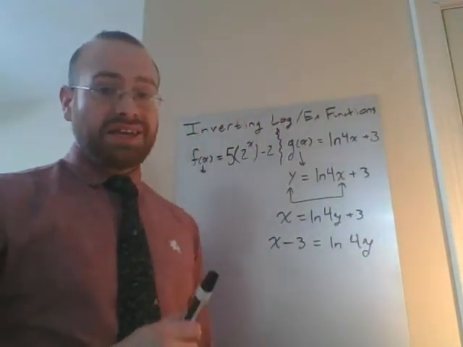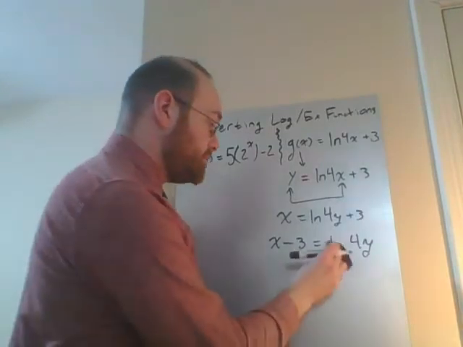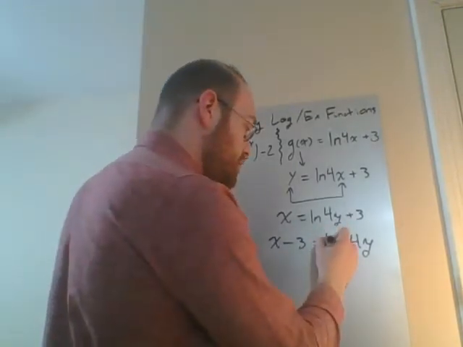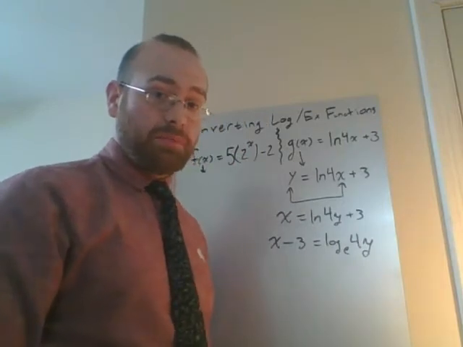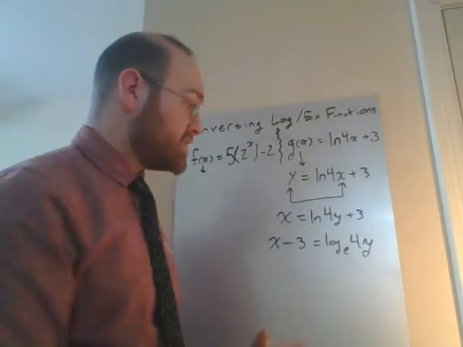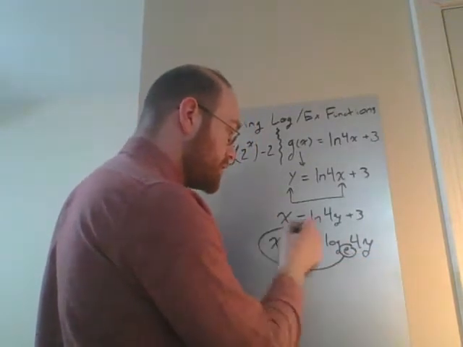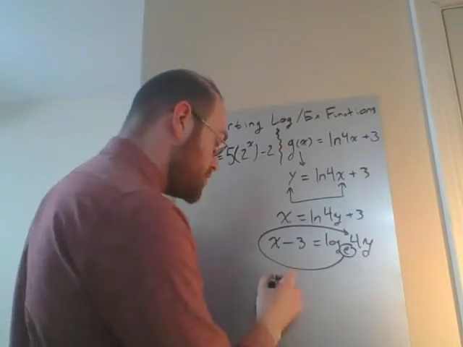Now remember that I said the natural logarithm has base e. So to help me convert this into exponential form, I'm going to replace that with log base e. Because if you remember from class, we can circle our base, spiral around, and this helps us know how to put it into exponential form.